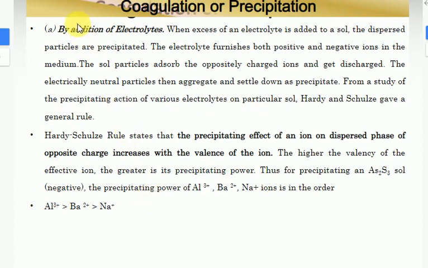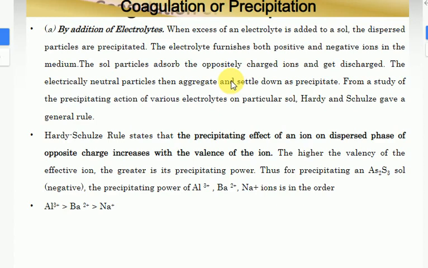Look at adding an electrolyte. When an excess of electrolyte is added to the sol, the dispersed particles are precipitated. The electrolyte furnishes both positive and negative ions in the medium. Suppose the colloidal particle has a negative charge. If the electrolyte contains a positive charge, they undergo coagulation and settle at the bottom.